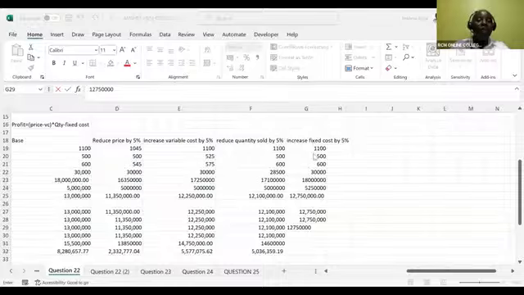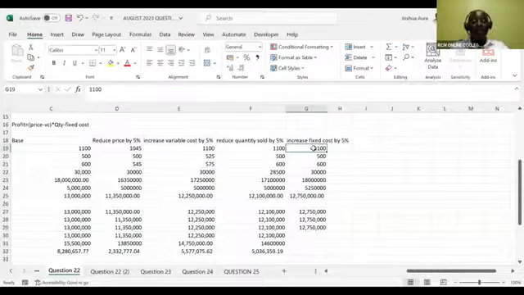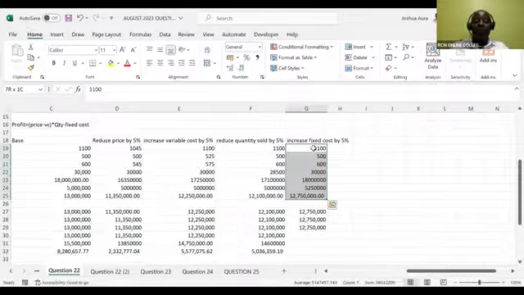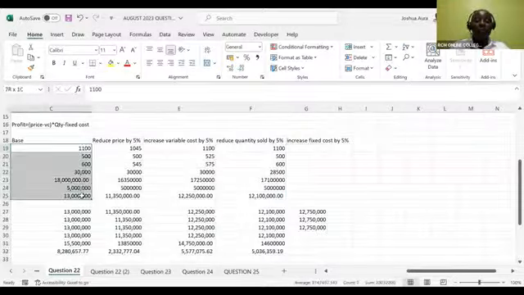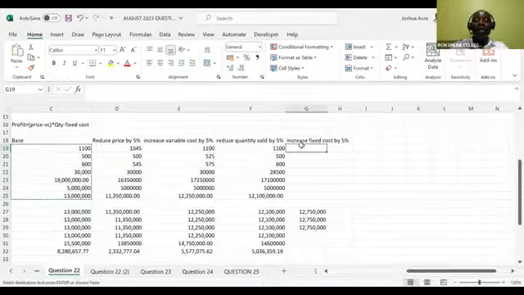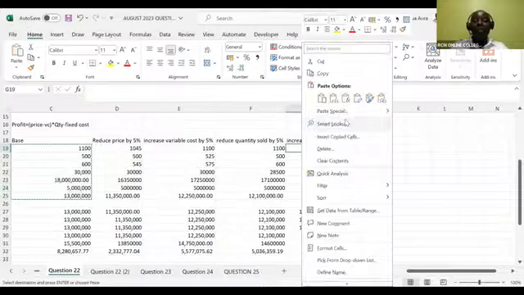So basically what I've done here, I came first of all and took the base figures, Control C. Then I came and pasted them here. Right click, this formula.